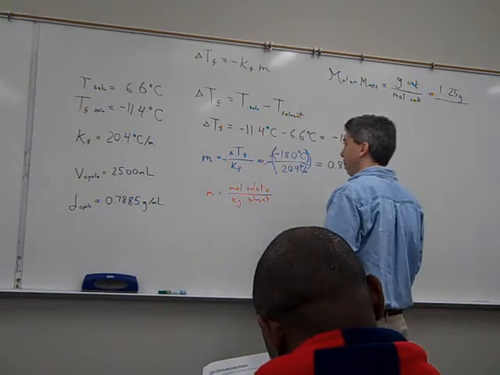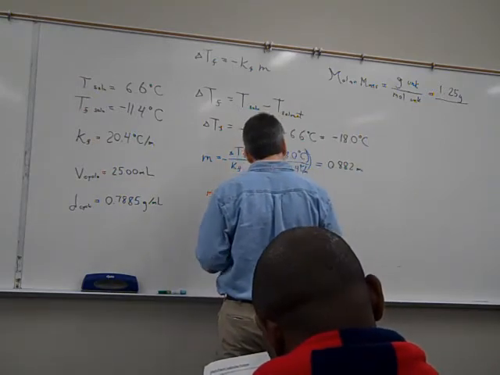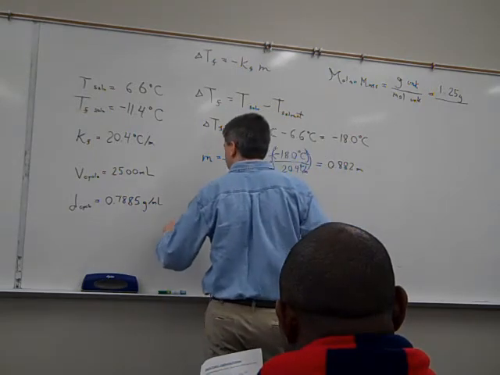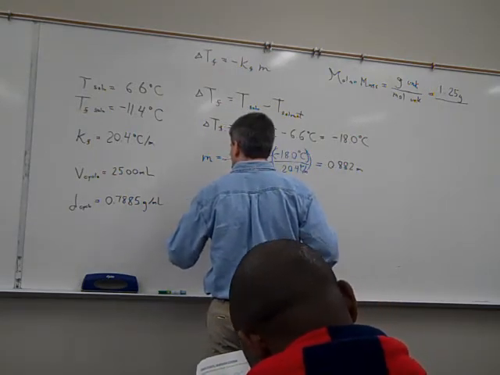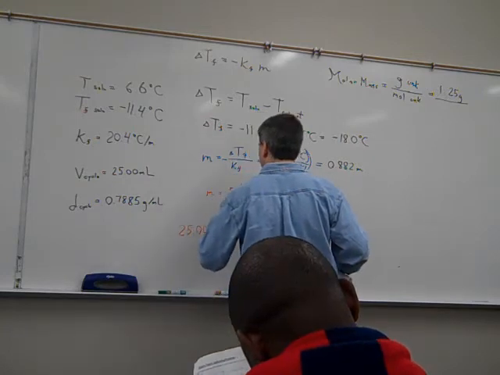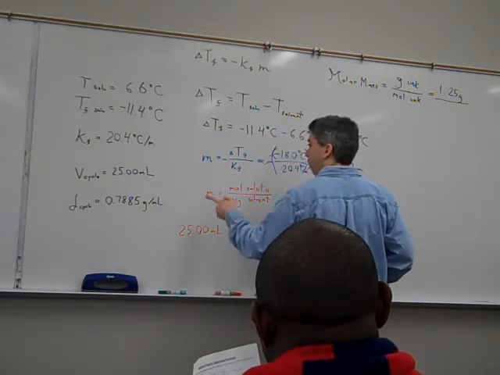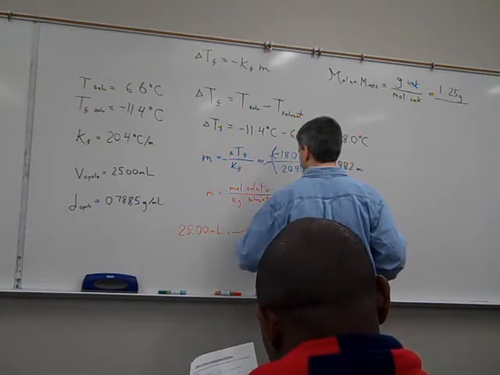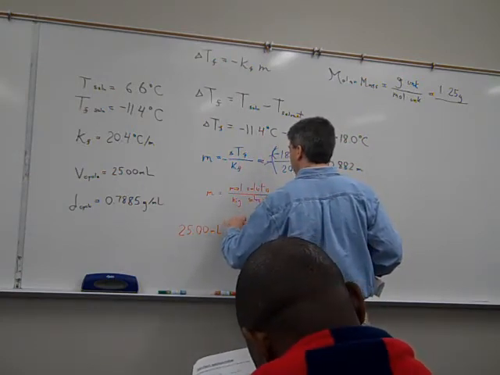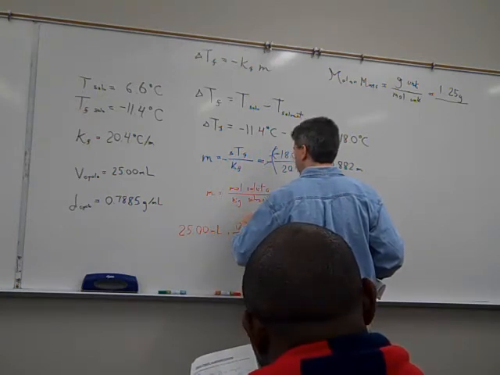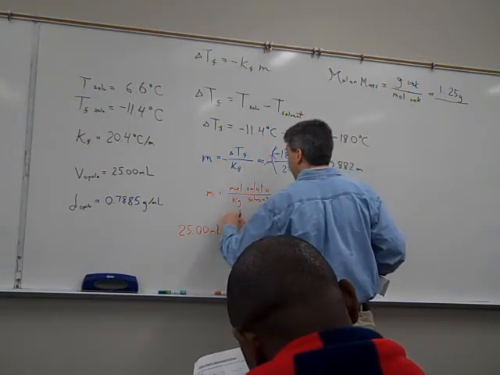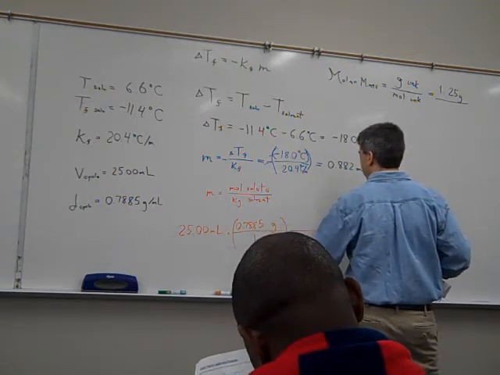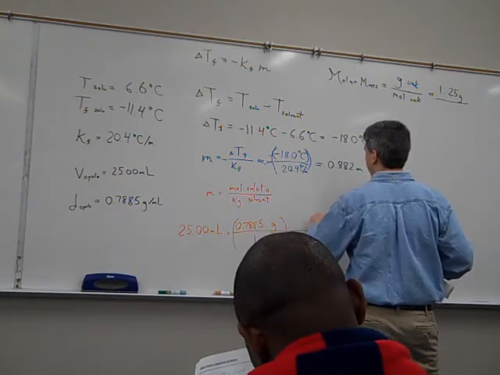Yeah. So what I'll do here is I'll take my volume of cyclohexane, 25.00 milliliters. I'll convert it to grams using the density. 1 milliliter is equal to 0.7885 grams. And then I'll convert my grams to kilograms.